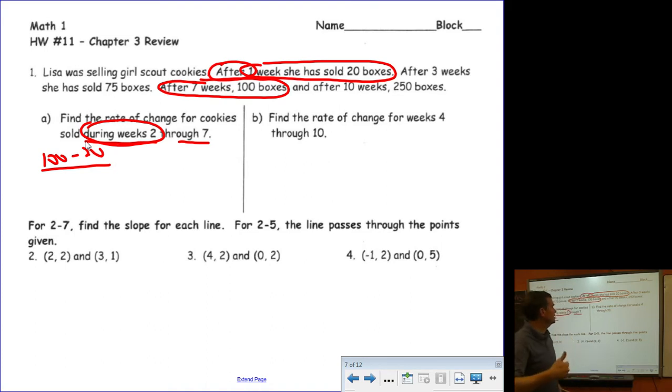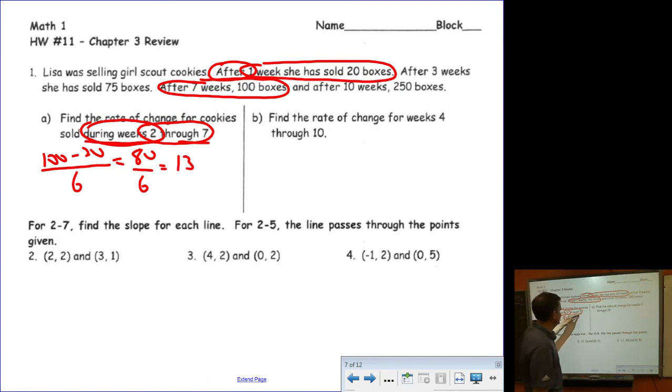That is 6 weeks worth of selling boxes. Weeks 2 through 7, if you include week 2, would be 6 weeks of selling boxes. So I got 80 over 6, and 80 over 6 turns out to be 13 1/3 boxes per week.